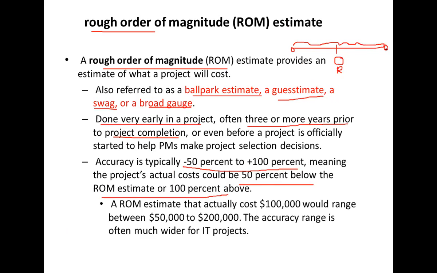This length should be half of this. 50% below or 100% above, 2 times this much. So as an example, a ROM estimate of 100,000 would range between 50,000 and 200,000. So you can see the accuracy is very, very low in a rough order of magnitude estimate.